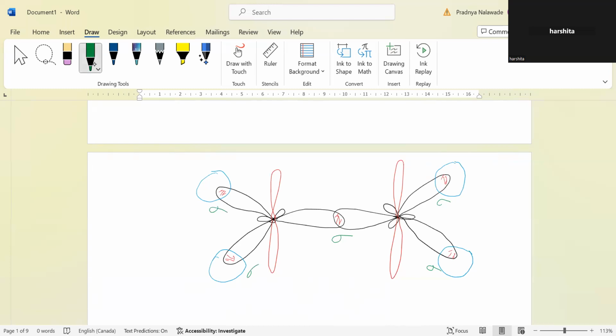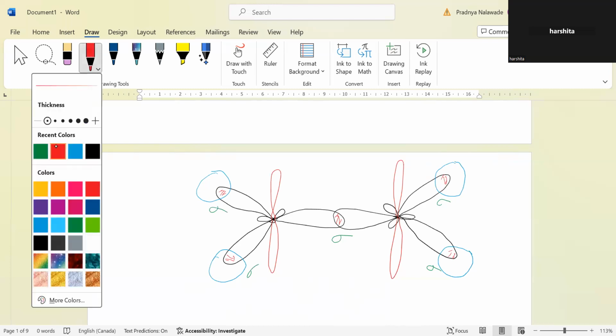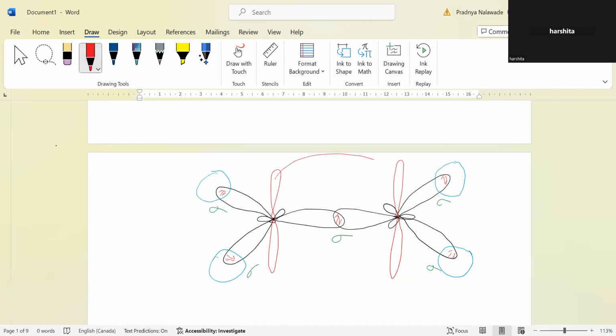Clear? Now what about the pi bonds? These p orbitals overlap parallelly. How do they overlap? That is the side-on overlap, the way I have shown. They overlap side on, and that results in formation of the pi bond.